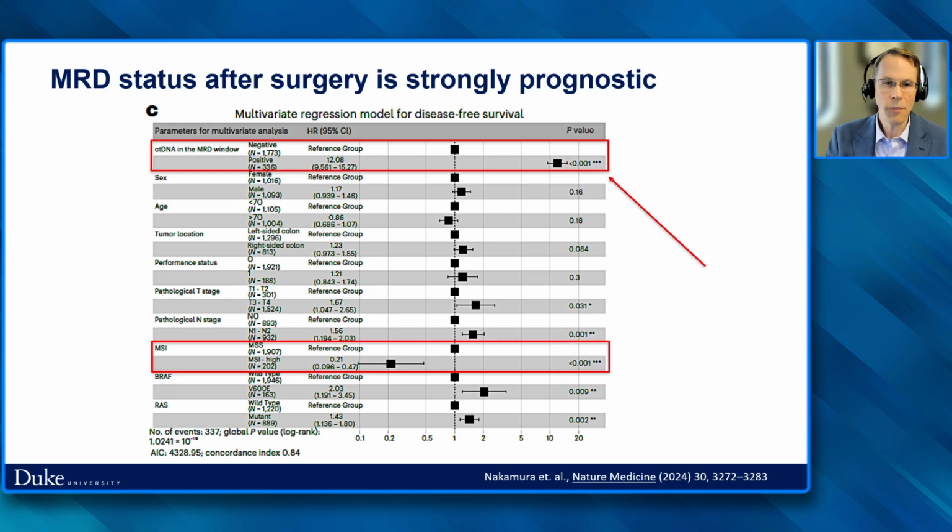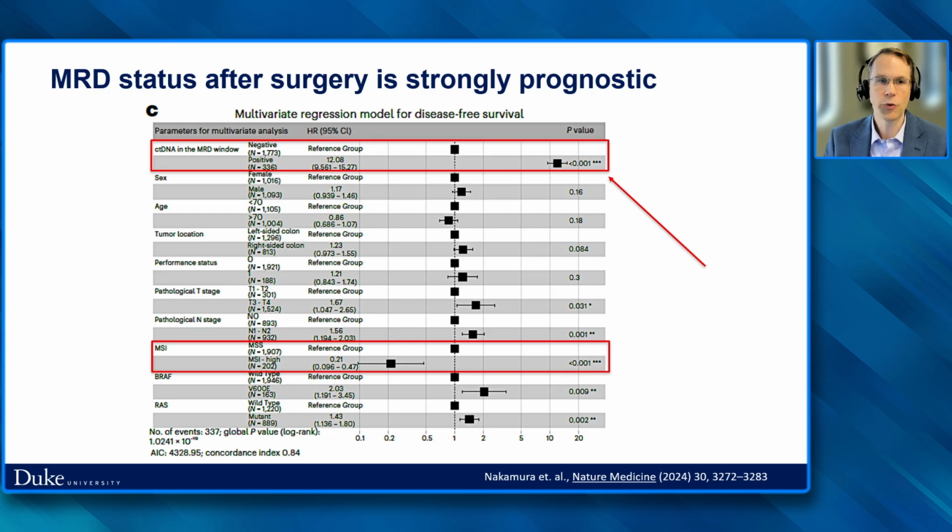So when you line up a ctDNA test for MRD against classic clinical and pathologic factors, this is a little bit difficult to see, but the one thing that stands out here is you can see the hazard ratio is nearly 12 for risk of recurrence for an MRD positive result, compared to our classic clinical pathologic risk factors, which have a much lower hazard ratio.